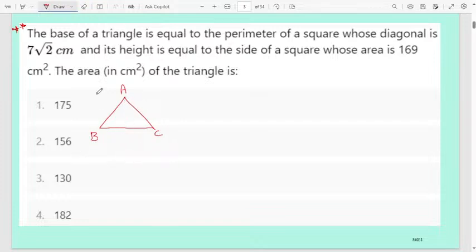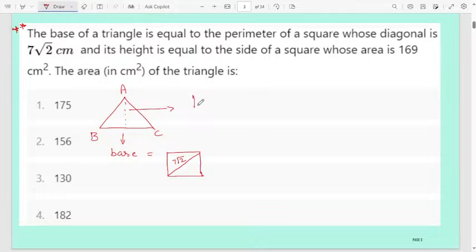The base of the triangle is equal to the perimeter of a square whose diagonal length is given as 7 root 2.